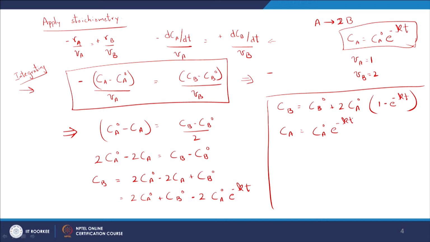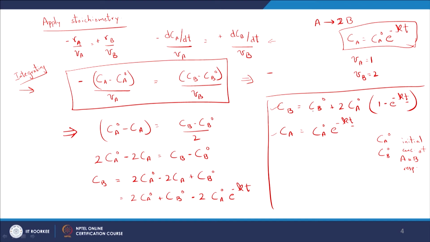So I believe we are on the right track there, and we are done with that. So what are Ca naught and Cb naught? Obviously, they are the initial concentrations of A and B respectively. And with this you can now solve for A and B at any given time t. That is what you see here. And obviously we are not going to go through that in detail.